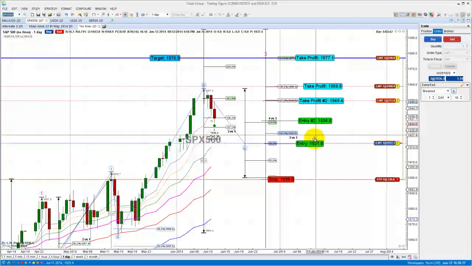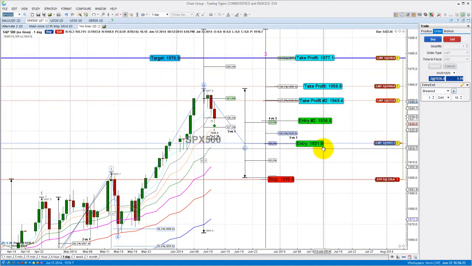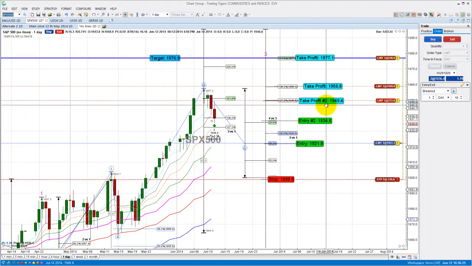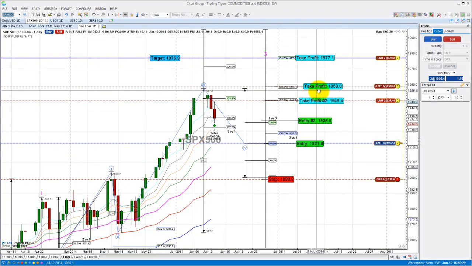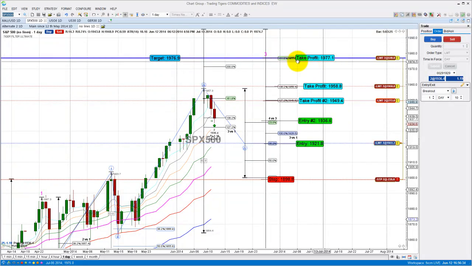So if price comes down to the 38.2 level, 1921.8, and bounces up, we've got two targets here, one at 1949.4 and the second target at 1958.8, and of course our final ending is at 1977.